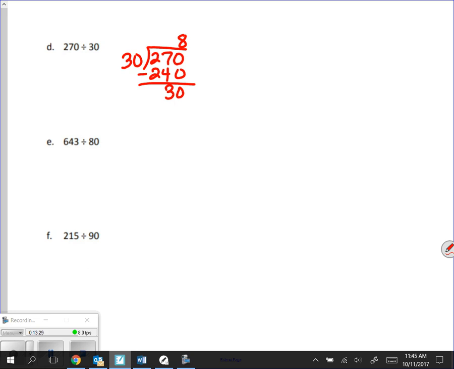The remainder is equal to the divisor. You could have gone in one more time. So it should be 9 because 30 can go into 270 9 times.